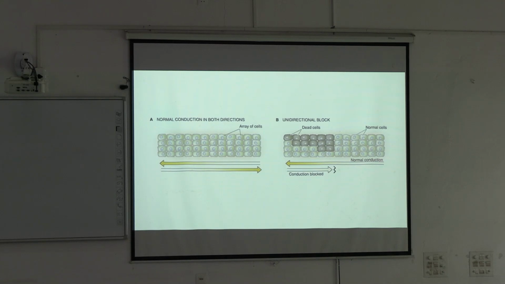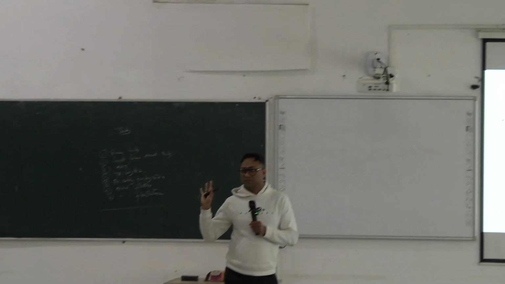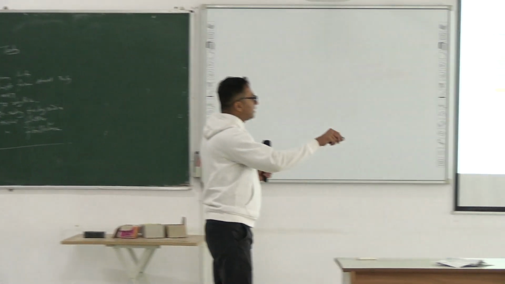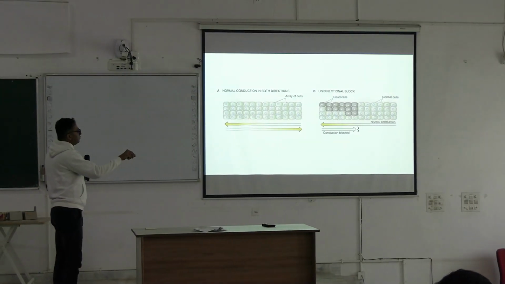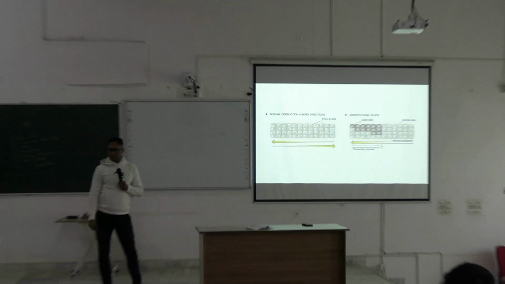So here lots of normal cells are able to transmit action potential from this direction to this, right to left, but these few normal cells are not sufficient to transmit action potential to the large number of normal cells on the right side. Okay, so here there is unidirectional block. Okay, action potential will travel from right to left, but left to right transmission is blocked.